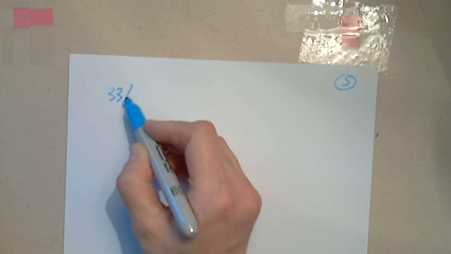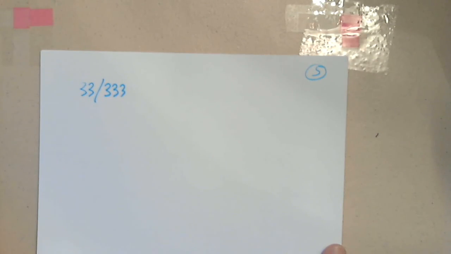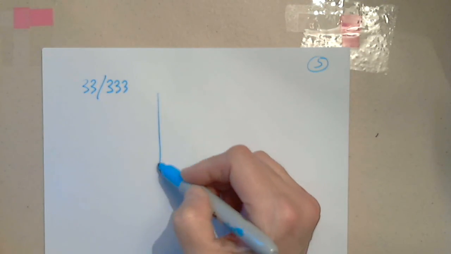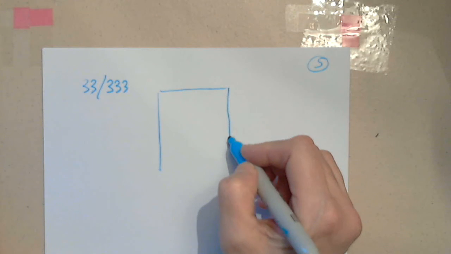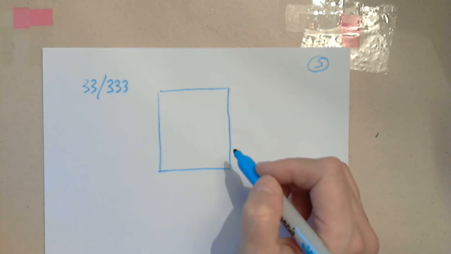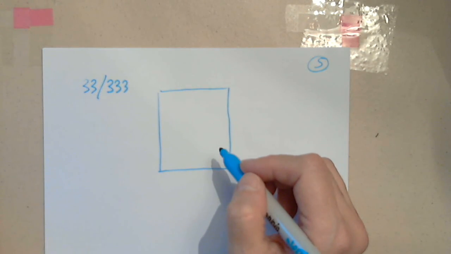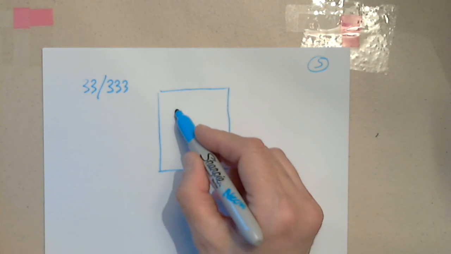So this is my 5. Okay, 33, page 333. The top and bottom margins of a poster, top and bottom are 6 centimeters each.